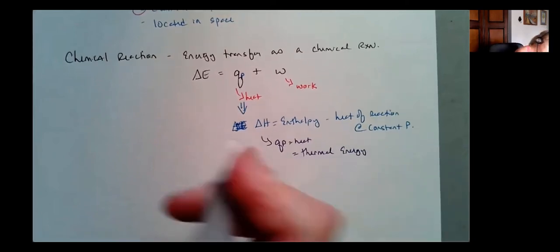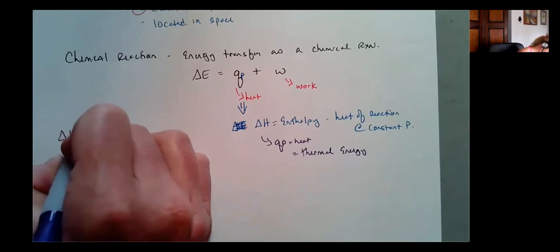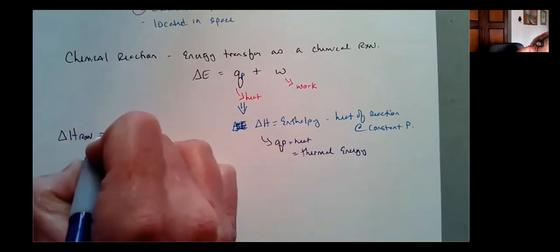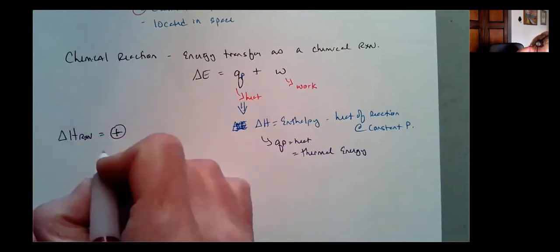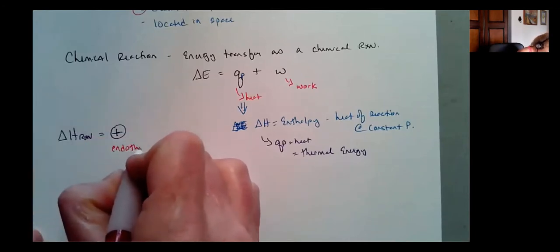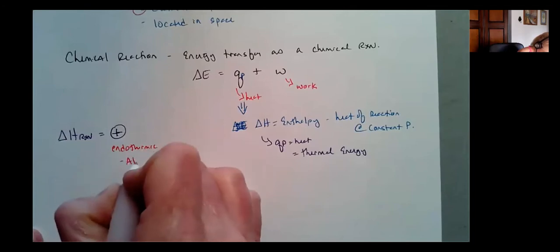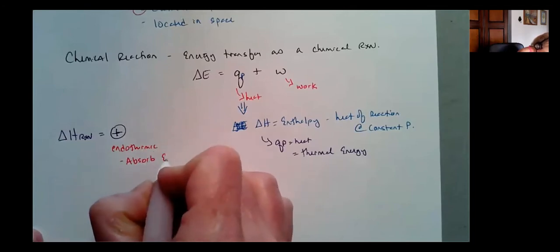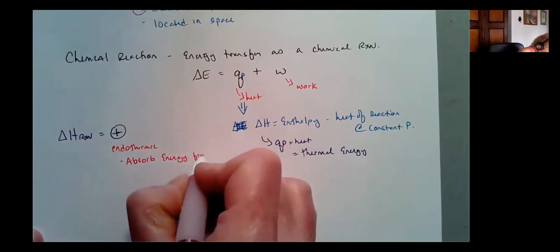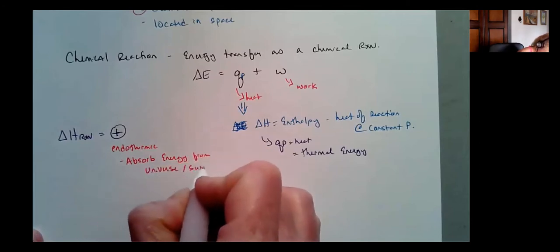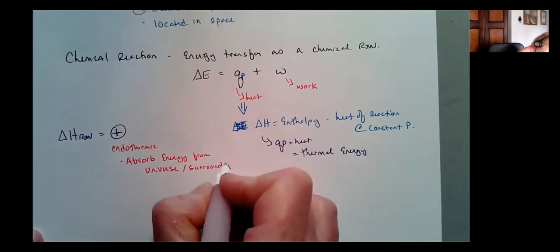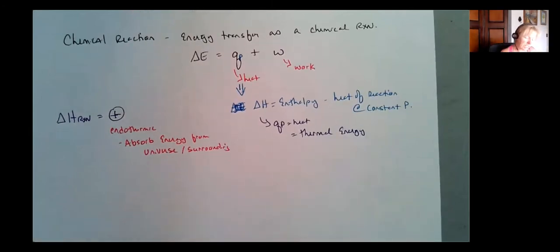And we said, and this is all review from that chapter, if delta H of the reaction is positive, then that means my chemical reaction is endothermic. It absorbed energy from the universe or the surroundings. Right, so that means its energy increased as a function of that chemical reaction.